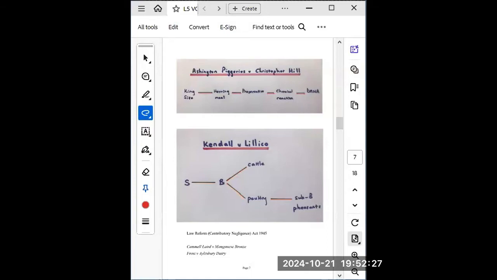The court said, if the seller was willing to accept the order and agree to supply goods, the seller deals in goods of that kind. Secondly, the court said, if the seller knows the purpose of the goods, the presumption is that the buyer relied on the seller's skill and judgment.